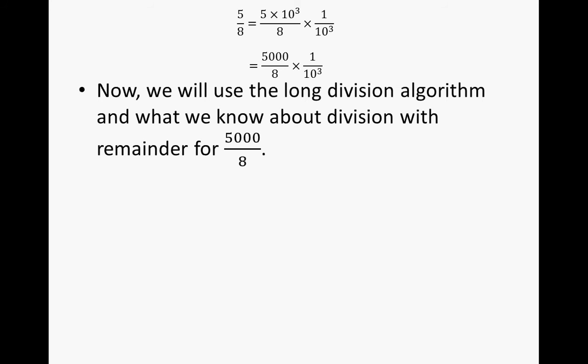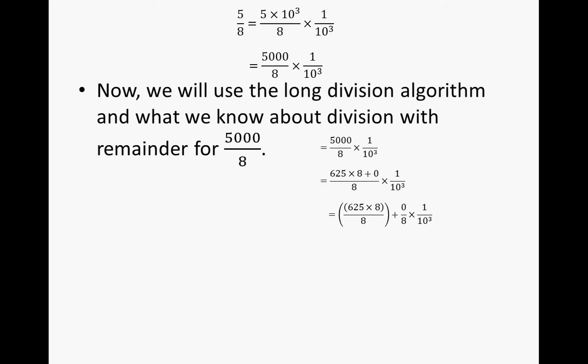Now we will use the long division algorithm and what we know about division with remainder for 5,000 divided by 8. So 5,000 over 8 times 1 over 10 to the third power is represented division-wise as 625 times 8 plus 0 over 8 times 1 over 10 to the third power.